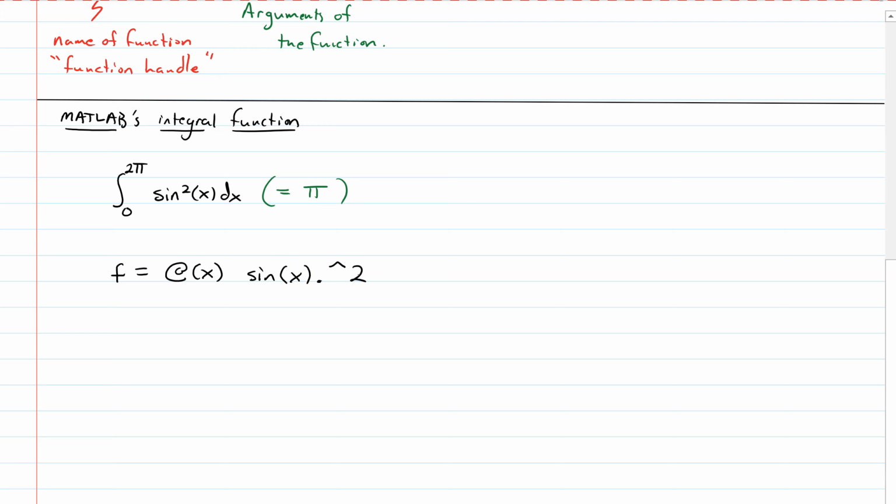Okay, so this is defining the function f, and that's the function I'm going to integrate. And then to actually do the integral, it's very simple. I just type in this function, integral, and the integral function takes 3 arguments. The first one is the name of the function that I want to integrate. So that's that function handle, right? The name of the function to integrate.